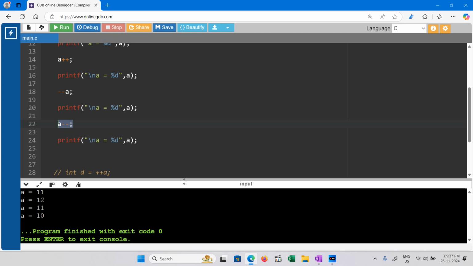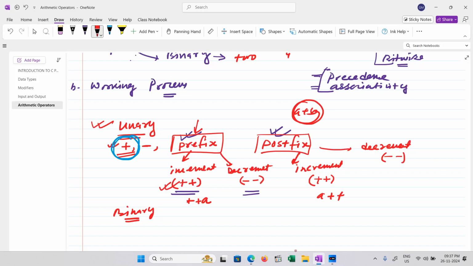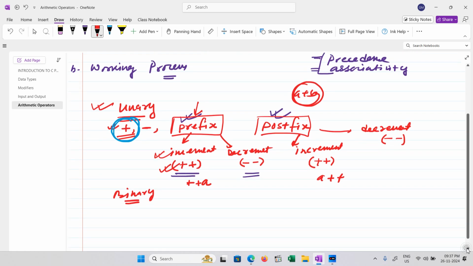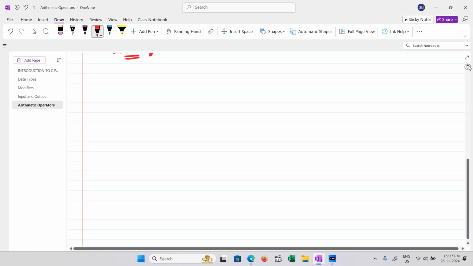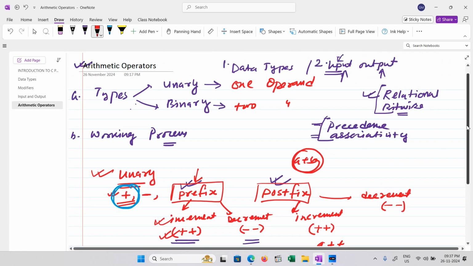Which nature are we talking about? The nature of these two variations, post increment and pre increment, they are the same. There is no change in the behavior of the operand when we use them individually in an expression.